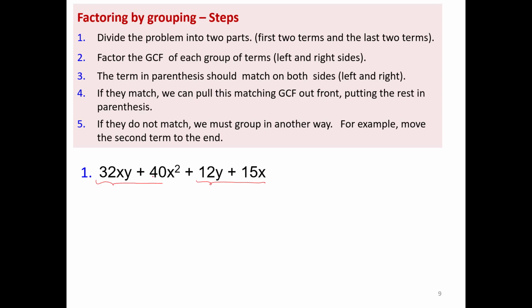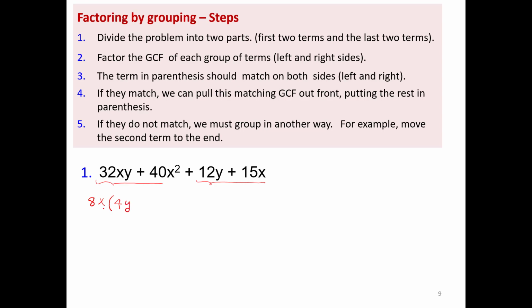For 32 and 40, the greatest common factor is 8. For x squared and x, we take x, the lowest exponent. Y is not common. Now what is left? 32 divided by 8 is 4, x cancels out, and we just write y.